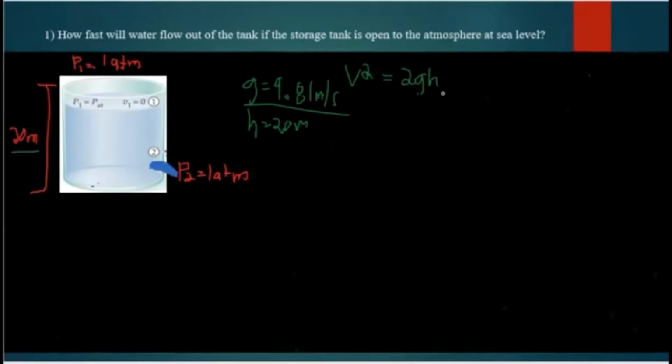So, we will just substitute that to the formula. This is the formula. v squared is equals to 2 times gravity, that is 9.81 meter per second squared, times the height.